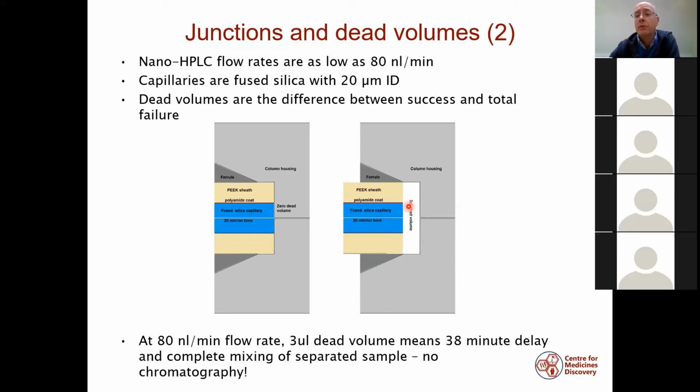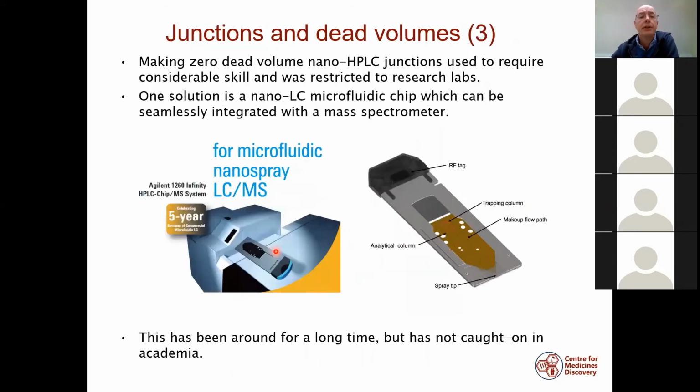So dead volumes in nano-HPLC are a complete disaster. And making a junction of this type used to be very, very difficult to do. It required quite a lot of skill, and it was only really possible in quite advanced research labs.